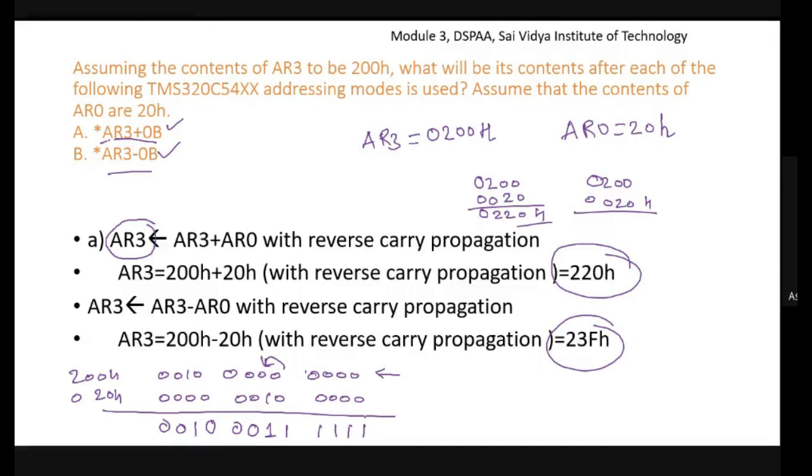As in our case, if we take a borrow of 10, the zeros become 9s, and in hexadecimal, if we take a borrow of 16, the numbers become FFFF. Similarly here these values become 1, 1, 1, 1, 1. So 1 minus 0, 1 minus 0, and so on. When I write this in hexadecimal, this is 2, this is 3, and this is F. Is this understood? So this is how I have written 23F hexadecimal for this subtraction with reverse carry propagation.